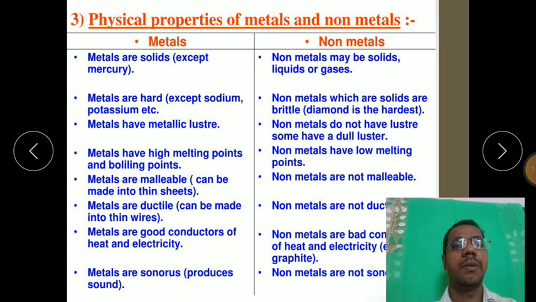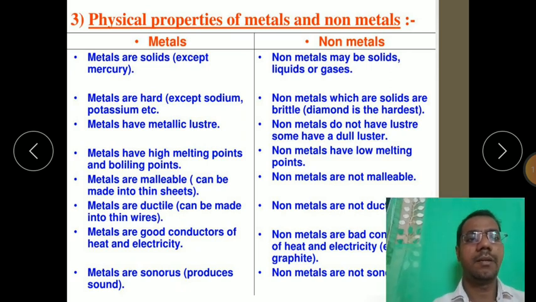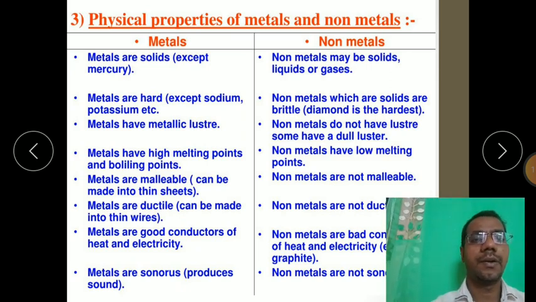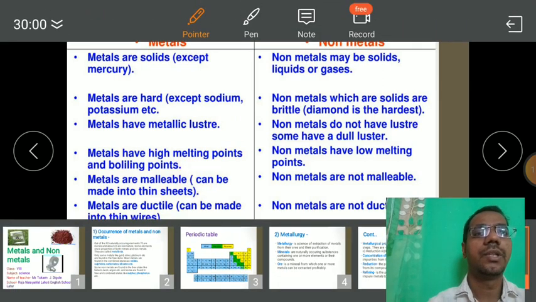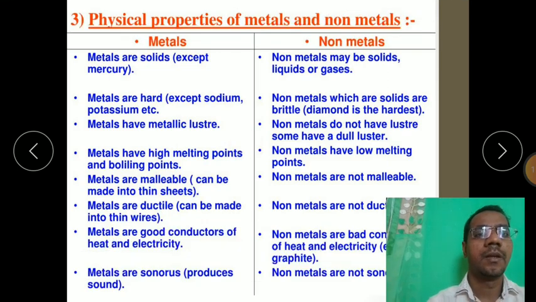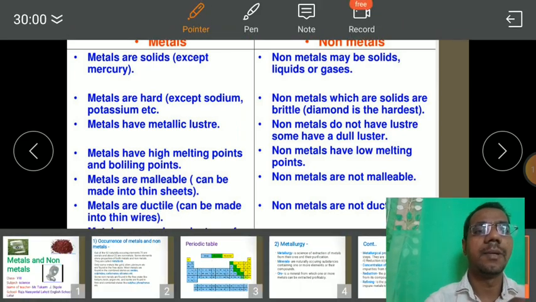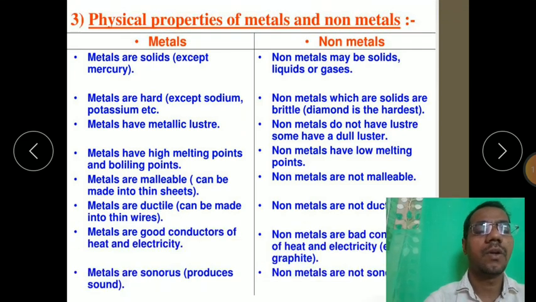Next, metals are malleable. What is meant by malleable? Malleable means the property of an element which can be made into thin sheets by hammering. When we hammer, when we apply force or pressure on any element, if it is easily converted into thin sheets, then it is called malleable. And what is meant by non-malleable?